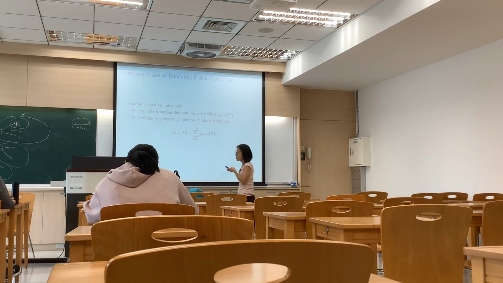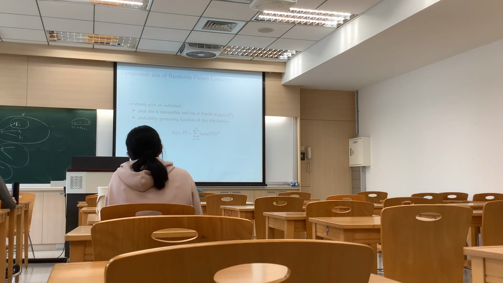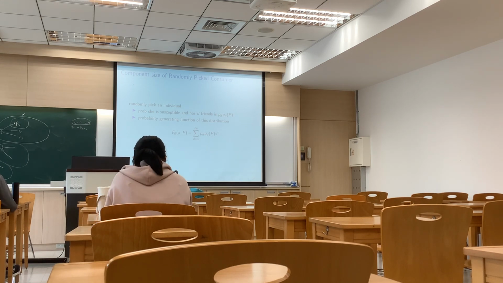So what this is doing is, let's say we randomly pick a person and inform this person. Now, including this person, how many consumers will become informed? Let me repeat: somehow we randomly pick a consumer and inform this consumer of the product.